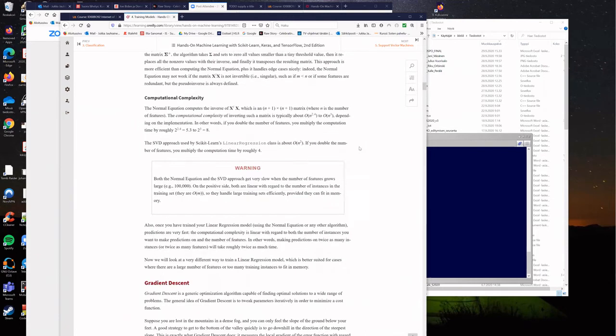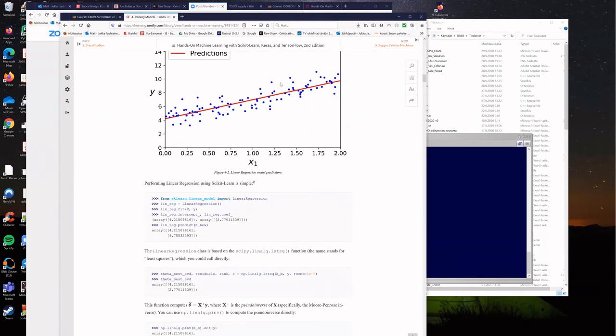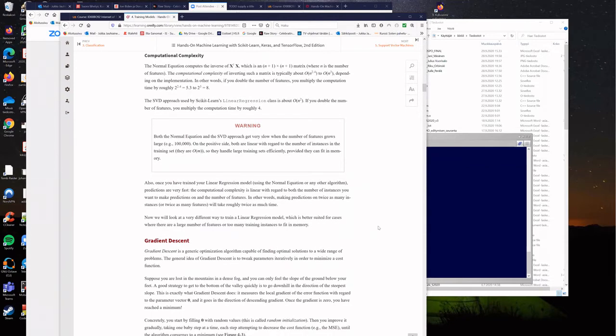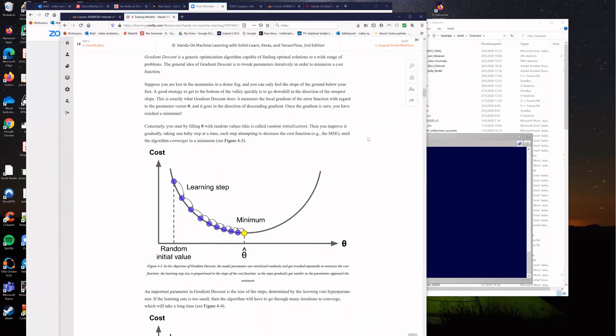Anyway, the basic idea of linear regression is of course very simple. Then the gradient descent was what we discussed previously, which is the iterative method. You take steps towards the minimum until it doesn't change or it begins to grow.